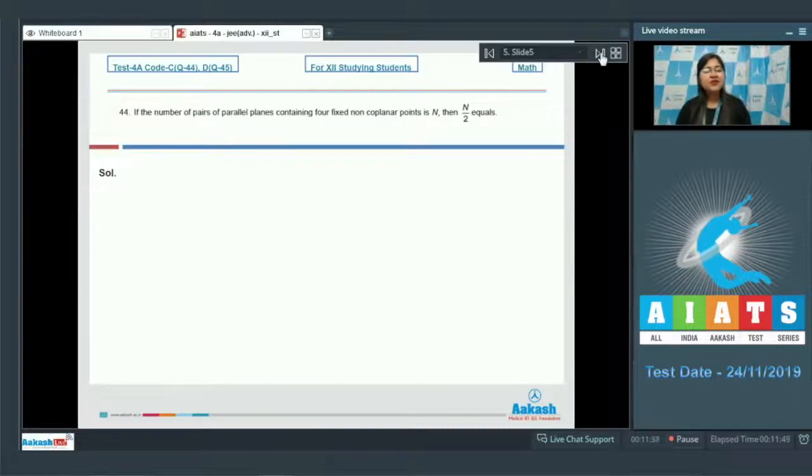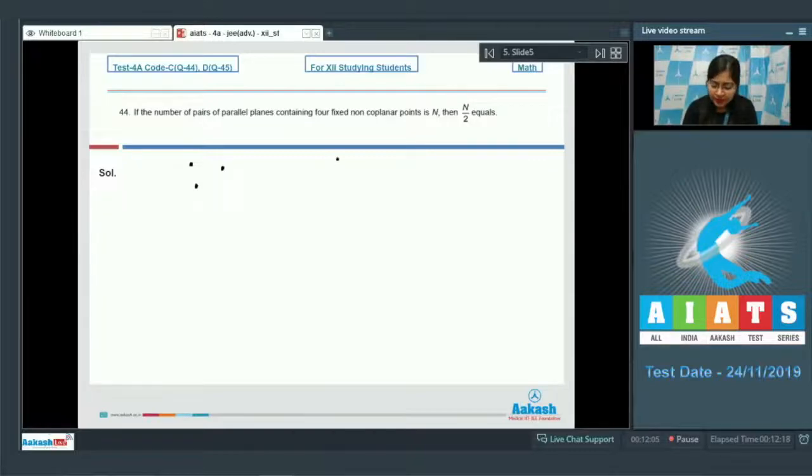Question number 54 says that if the number of pairs of parallel planes containing 4 fixed known coplanar points is n, then we have to find n by 2. Right. So here we have to find the number of pairs of parallel planes which contain 4 fixed known coplanar points. So let us firstly take 3 points on any one plane and we will take the 4th point on the other plane.